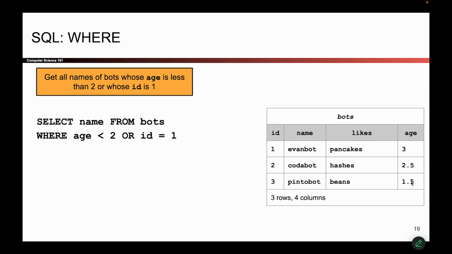And the third row, age is less than 2, so we do want that one. In summary, I want rows 1 and 3, and I don't want all the columns, I just want name. So there it is. I got the two names for which the corresponding rows had ID 1 or age less than 2. It's kind of like what you'd expect, but basically the select filters out the columns, and the where clause filters out the rows.